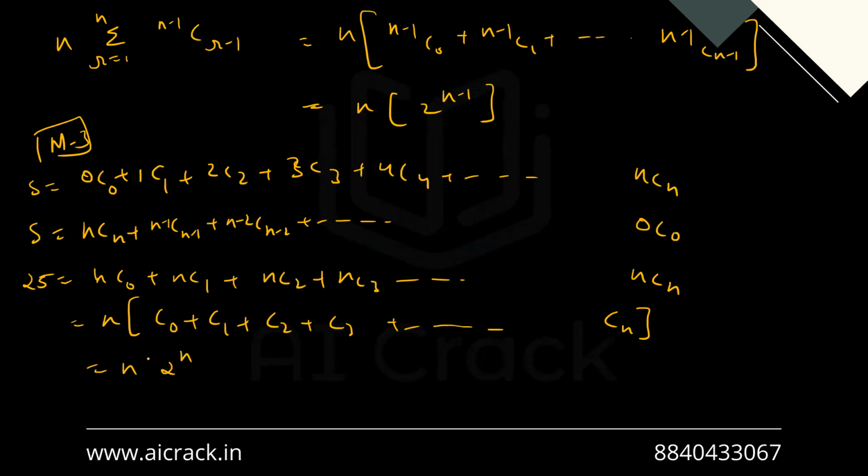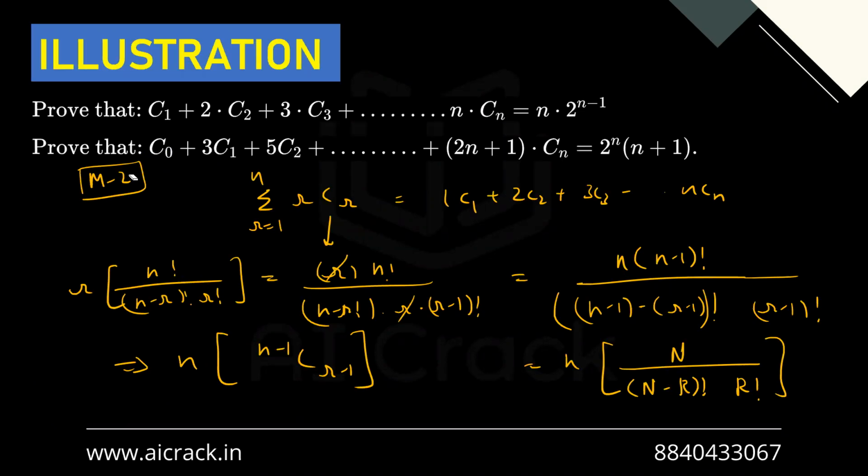This is 2 raised power n, and this was equal to 2S. So S equals n times 2 raised power n minus 1. Okay, so this is our method 3, to just reverse and add and use nCr equals nC(n minus r). Now let's try to solve the second series with the help of method 1.